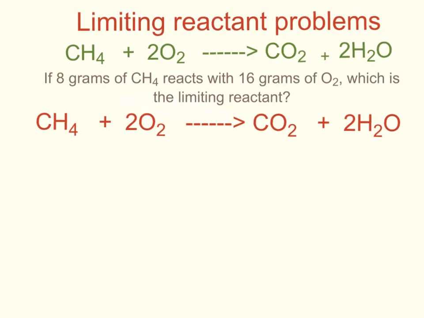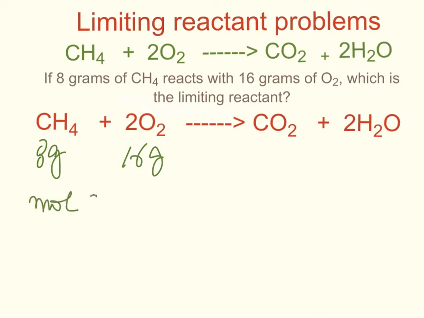Okay, so the way you do it, again, first thing you do is just copy this whole equation down here, and then you say, well, I've got 8 grams of this guy and 16 grams of this, right? So the first thing you do is you find the moles of CH4.